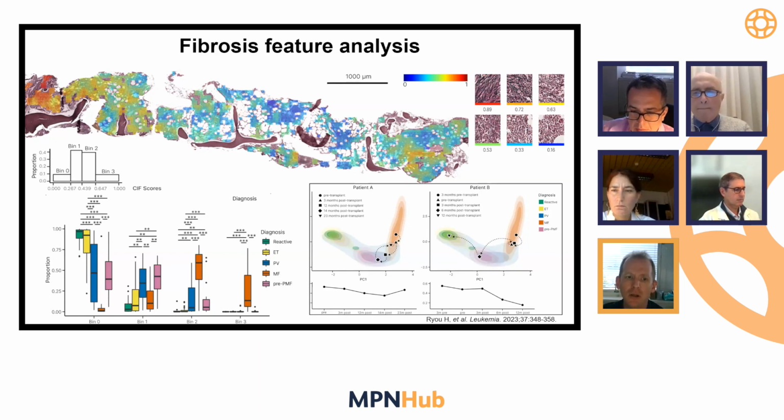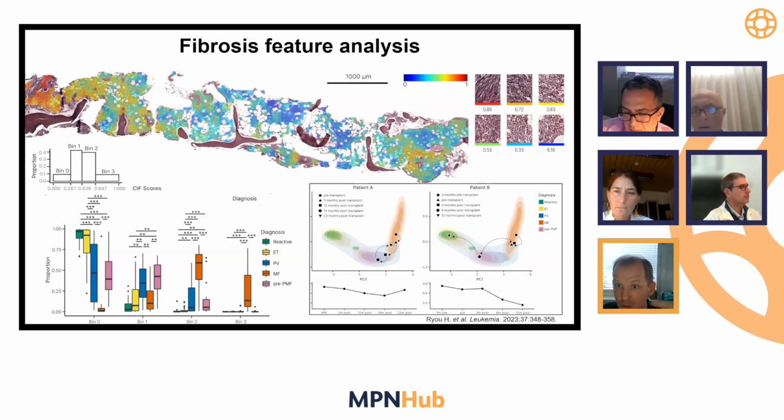But in summary, what we can do is that by using these kind of approaches, we can tease apart more reliably our MPN subtypes. Unsurprisingly, of course, in primary myelofibrosis and secondary MF, you get high CIF scores. That's not really a surprise. What's very interesting, though, is that when you look at the differential diagnosis of ET and pre-PMF, both of which by definition do not have a grade of fibrosis above grade 1, what we see is that there are significant differences, and that the distribution of the tile scores is significantly different between ET and pre-PMF.